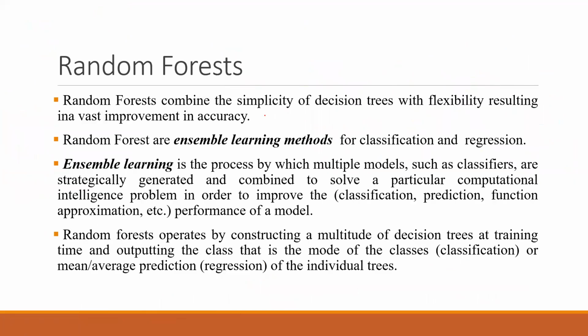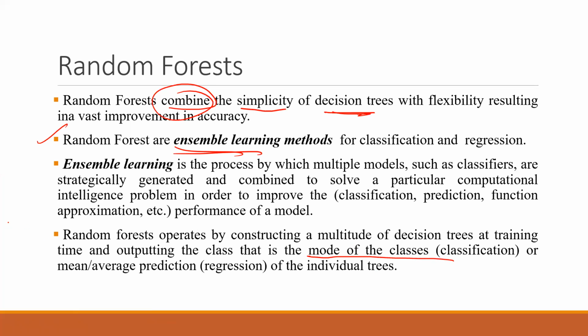Random forest is mainly using the simplicity of decision trees. It is combining multiple decision trees, using the ensemble learning method. Ensemble learning can be done for classification and regression using the random forest. For classification, you will take the mode.